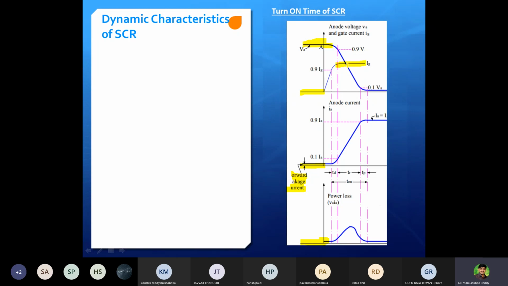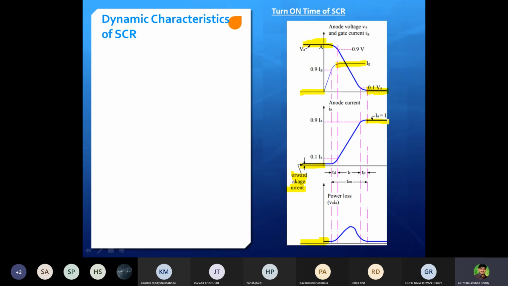That's why current is there, and once it is completely on, what is the voltage across the device? It is 0, or strictly speaking there is a 1 to 2 volts drop across the device when the device is in the conduction mode, and that's why we can see the voltage reaches near to 0.